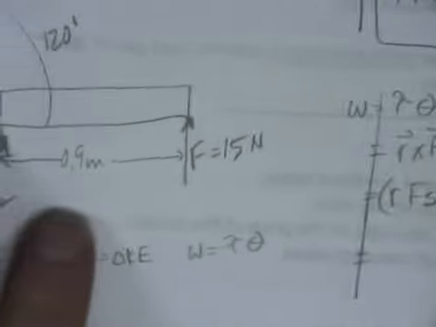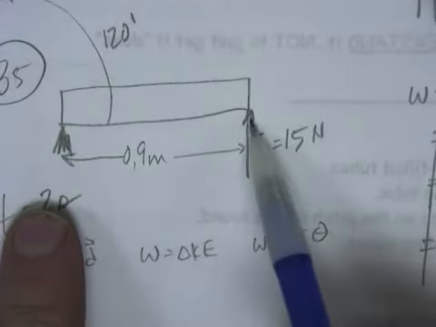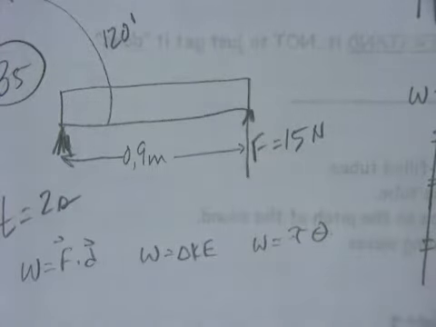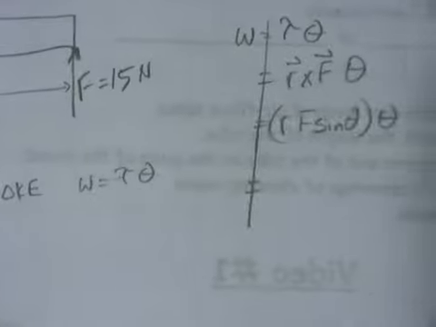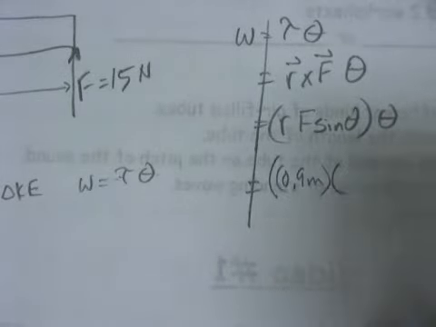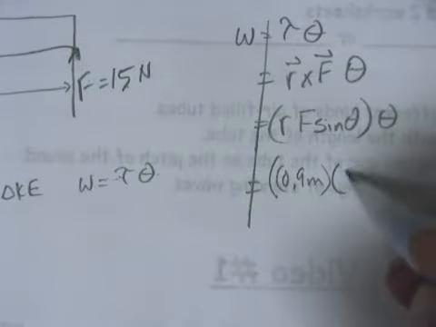So my radial arm, R, is always drawn, remember, from the hinge to the point of contact of the force. And so there's my radial arm right there, and that's going to be 0.9. So I'll come over here. So that's 0.9 meters times the force. There's the force, 15 newtons.